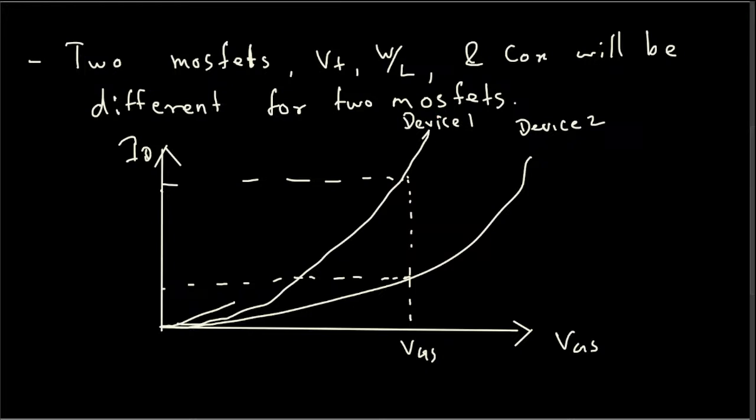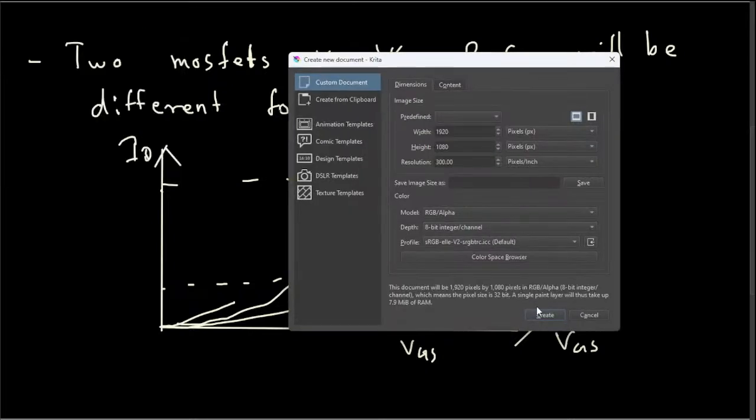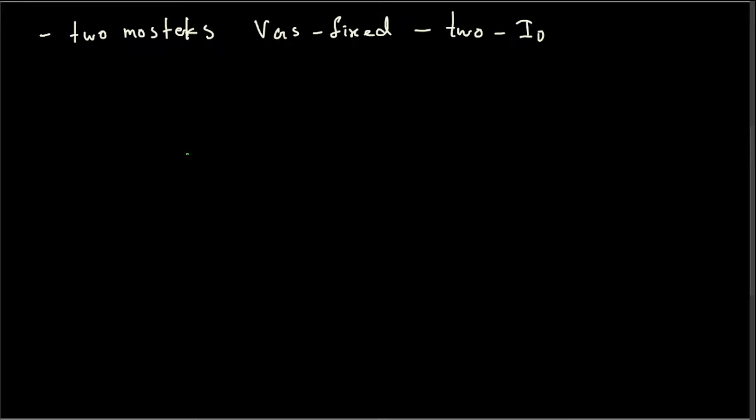So what we can say about it is, for two MOSFETs, we fix the VGS, two different ID currents are obtained. Two MOSFETs will not have the same electrical parameters.